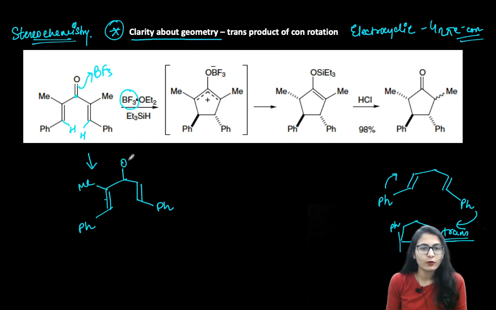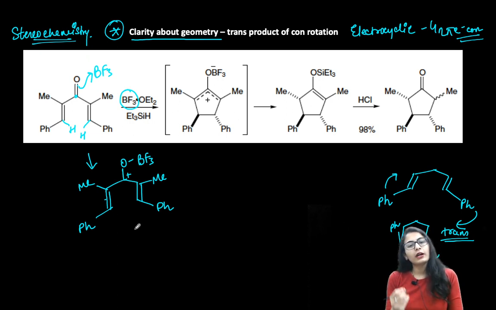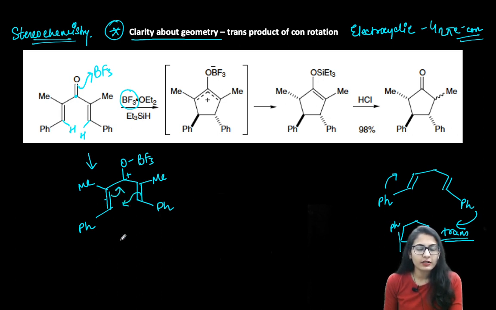Here we have O minus BF3, and there's a methyl, there's a positive charge on this carbon. So any one of the bonds can rotate, or let's say we are directly doing the cyclization process. This is also a cyclization process only.